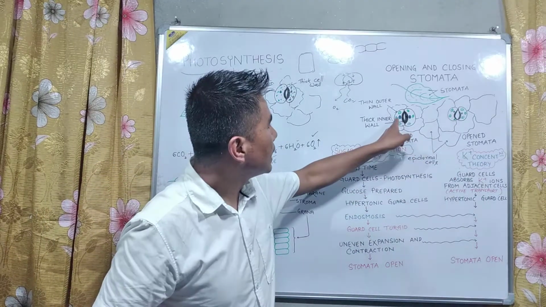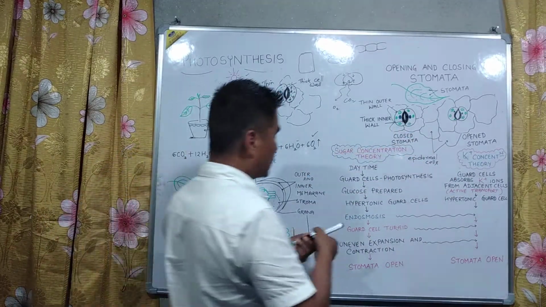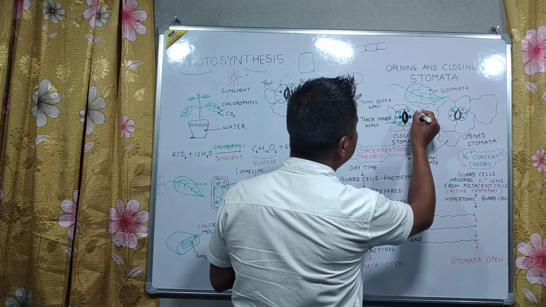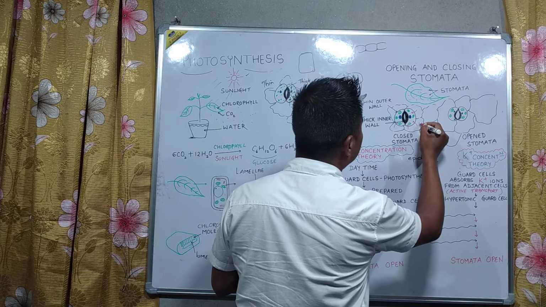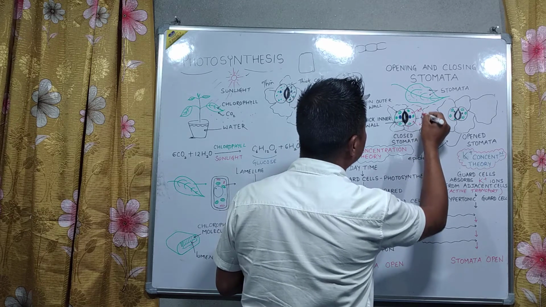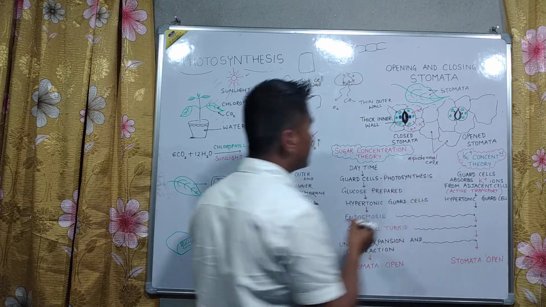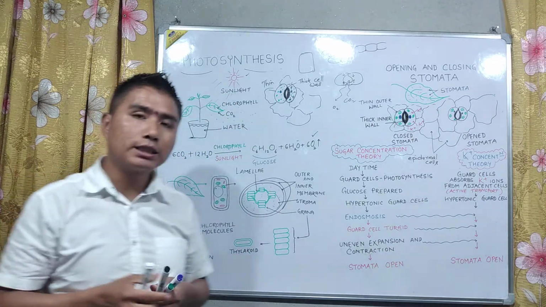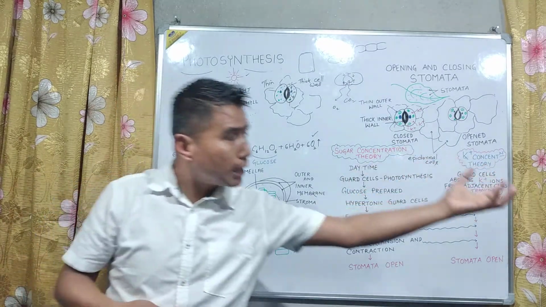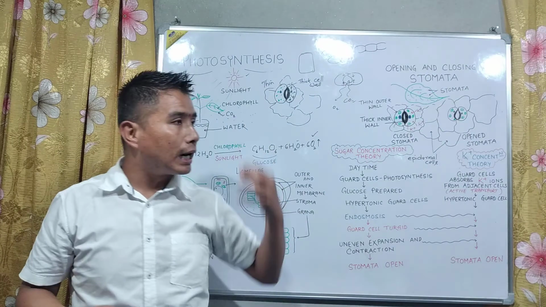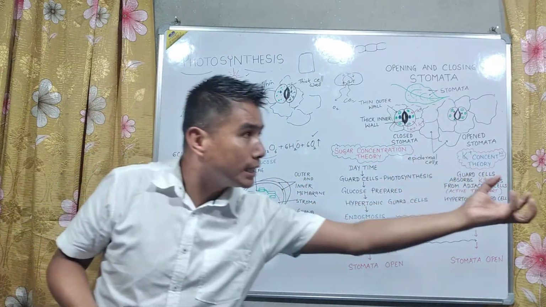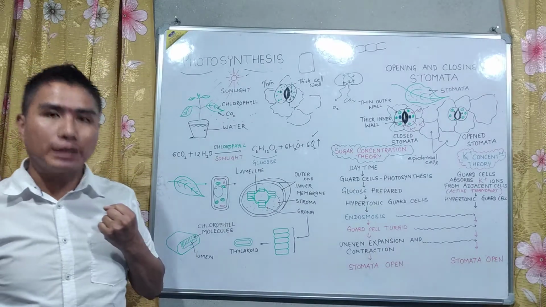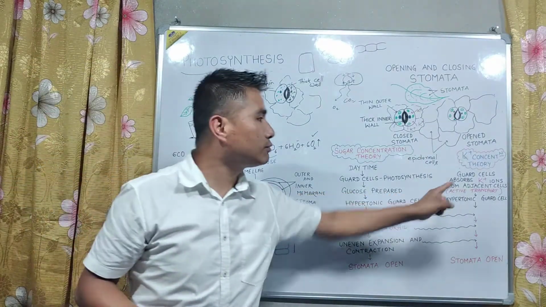Now, actually, what happens? These guard cells absorb potassium ion from the adjacent cells against the gradient. So potassium ion itself cannot come. So guard cells, it is a theory, use energy to pull the potassium ion within themselves, which is known as active transport.